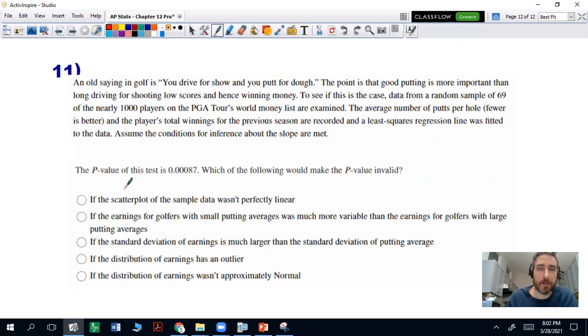All right, if the scatter plot of the sample data wasn't perfectly linear, it's never going to be perfectly linear, so that's no good. If the earnings for the golfers with small putting averages were more variable than the earnings for golfers with large putting averages, that'd be like if you had small putting averages with higher numbers, then large putting averages with small numbers, and maybe in the middle it kind of goes up.